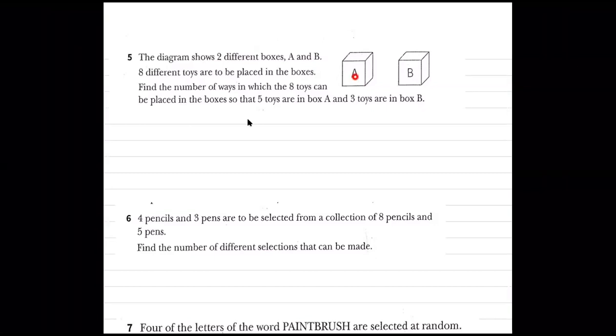You need to put 5 toys in box A. So out of those 8 toys, first of all, you are going to choose 5 toys and then put them in box A. How many toys are going to be left then? 3. And how many toys can be inserted in box B?